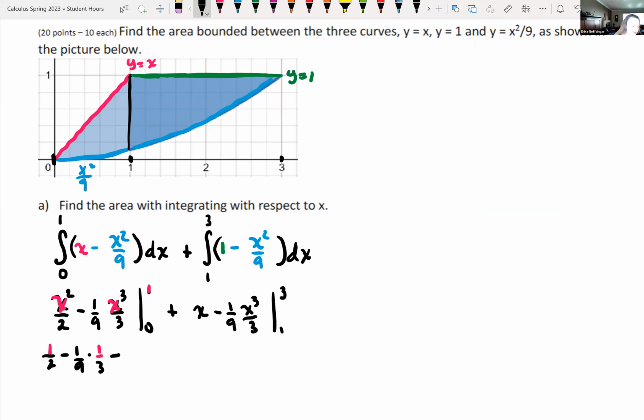Normally we would put parentheses around that whole function because we're subtracting off that whole function. But when I plug in 0 wherever I see an x, I'm just going to get 0 left for that piece, so it's not too bad.